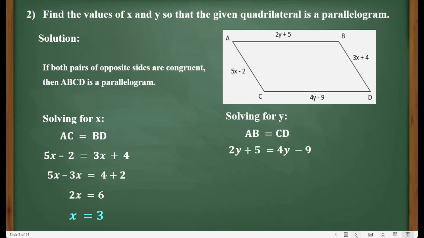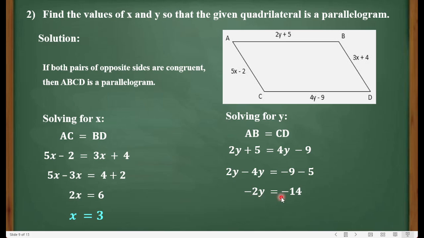So all y terms are isolated on the left side, and all those constant terms are isolated on the right side. So we do some transposition of terms. So we have 2y minus 4y equals negative 9 minus 5. So the equation, if we combine similar terms, will be negative 2y equals negative 14.